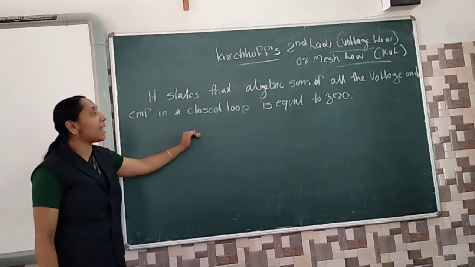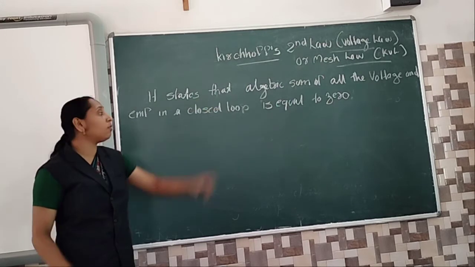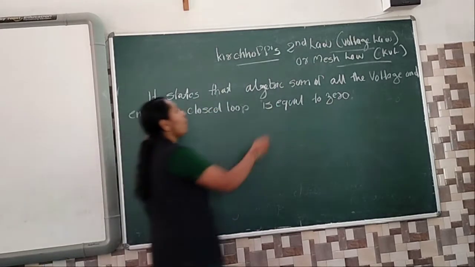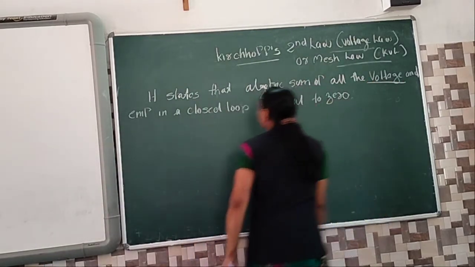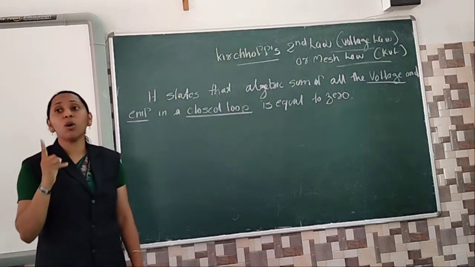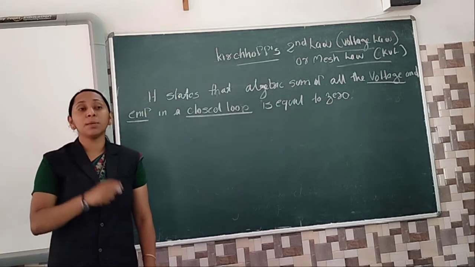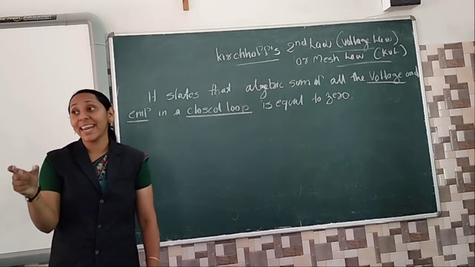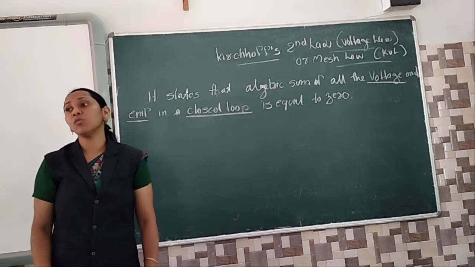The law states that the algebraic sum of voltage and EMF in a closed loop is zero. In the first law, you should study that the algebraic sum of current in a junction is equal to 0.